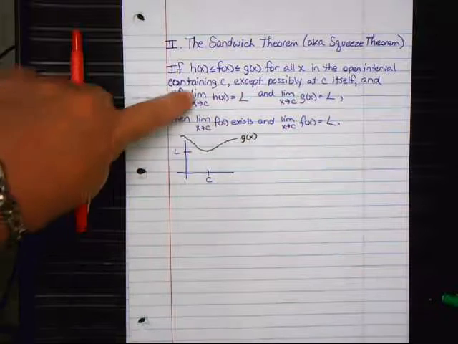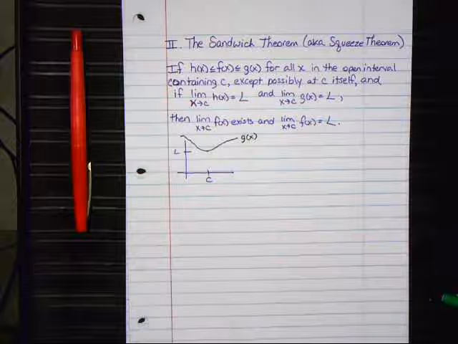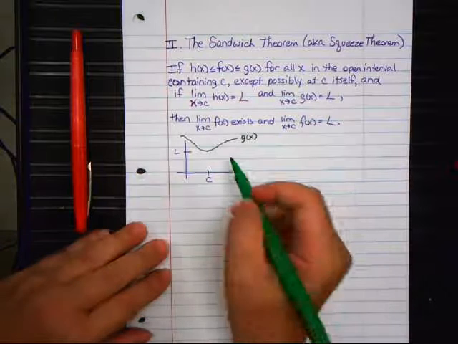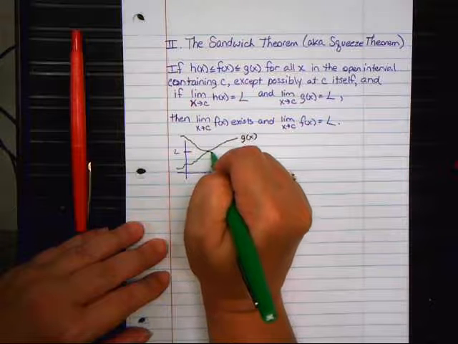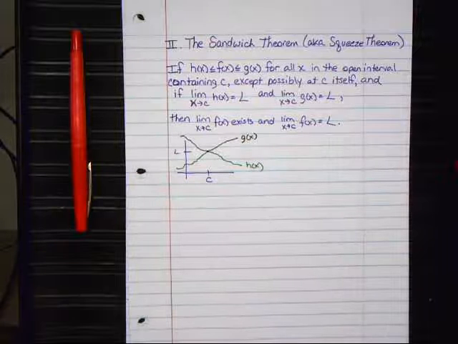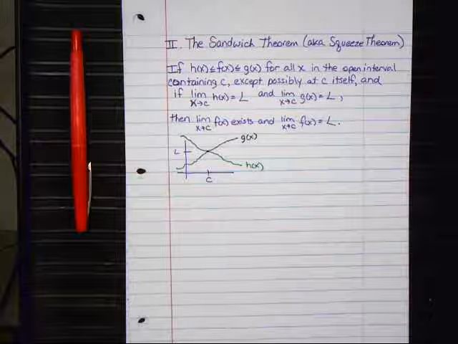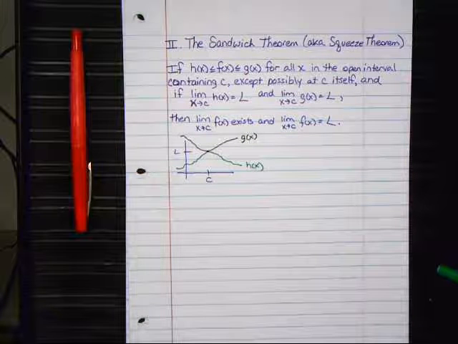And then it says h's limit is also L, and h is the one that's on the bottom of the other two. So I'm going to take my green marker, and I'm going to draw h down low, but its limit has to be L also. I really can't tell the blue from the green from the black, sorry. But F you're going to be able to see because it's going to be in red.